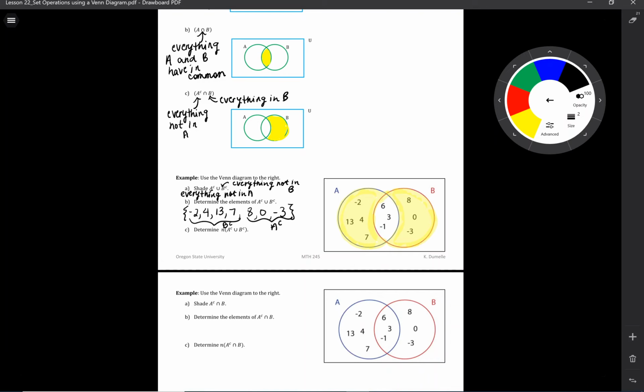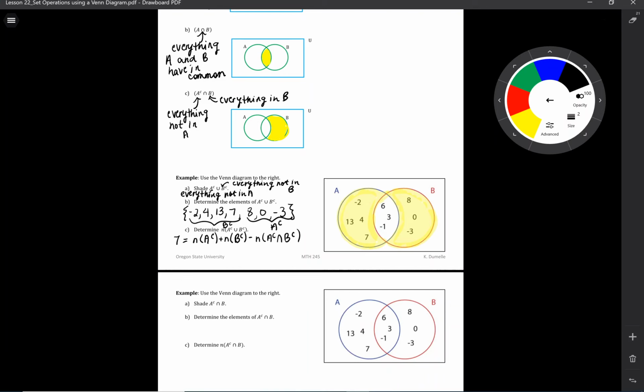To determine n of A complement union B complement, here I can just count them. So 1, 2, 3, 4, 5, 6, 7. But I can also use my rules here. So this is the number of elements in A complement plus the number of elements in B complement minus the number of elements in A complement intersection B complement.